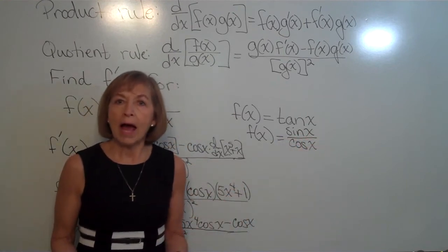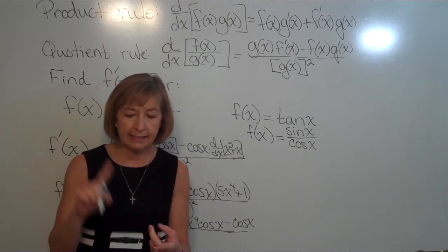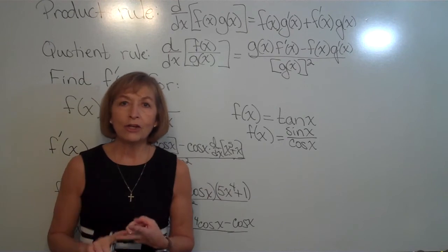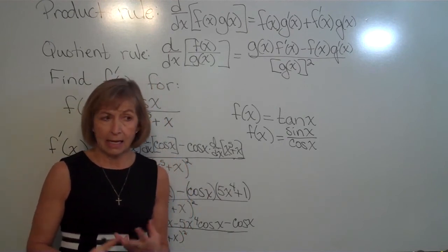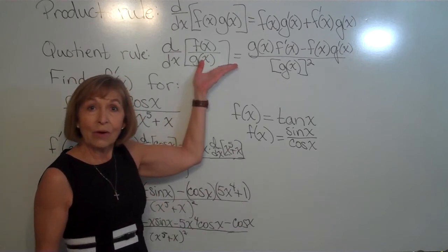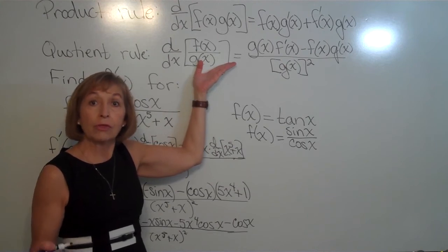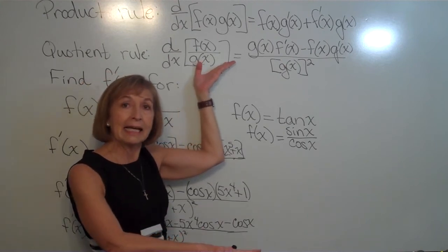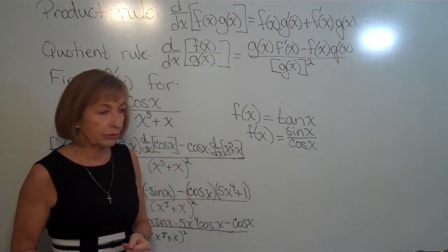And now I can differentiate it because I know what the derivative of sine x is, it's cosine x. I know what the derivative of cosine x is, it's negative sine x, and I know now how to differentiate a quotient. So I can actually find the derivative of tangent x through my trig identity that it's sine x over cosine x and applying my quotient rule.